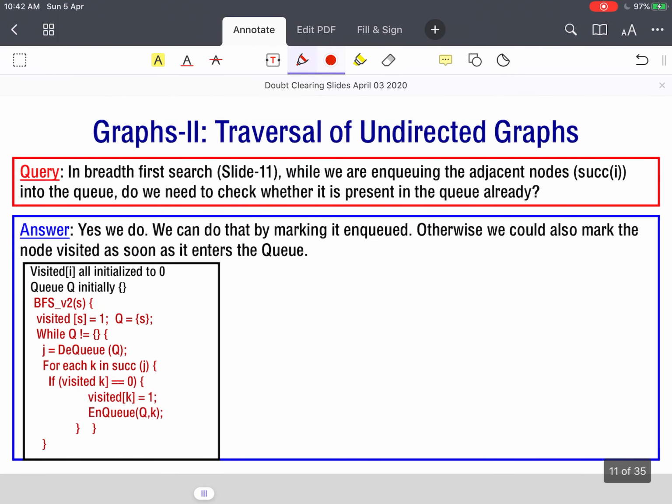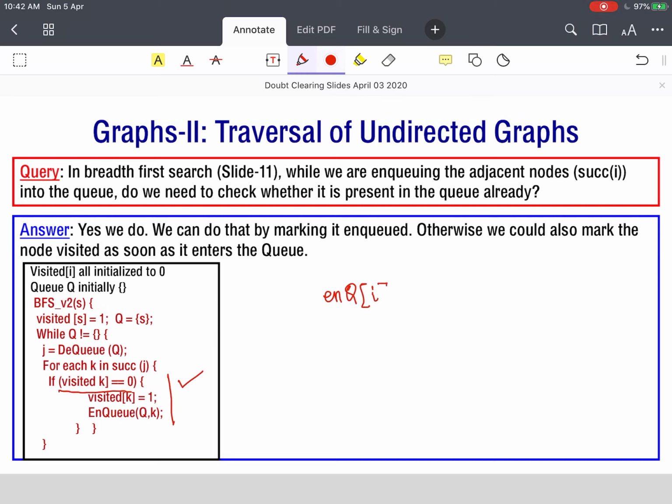Now we come to the second lecture on traversal of undirected graphs. Here you had asked that when we are enqueuing adjacent nodes, do we need to check whether it is already present? We are already checking here. If you notice, we are checking whether it is already present in the queue indirectly by the visited node.